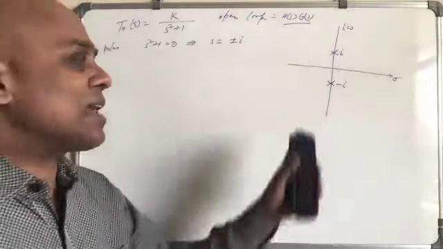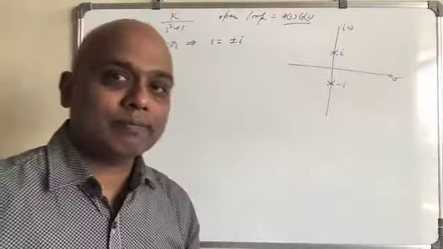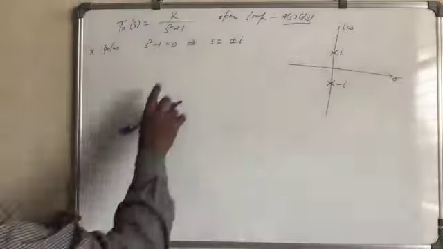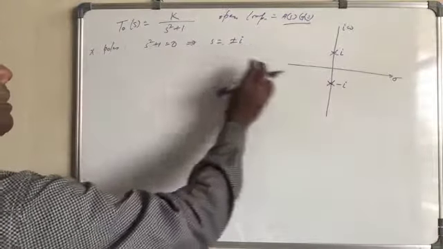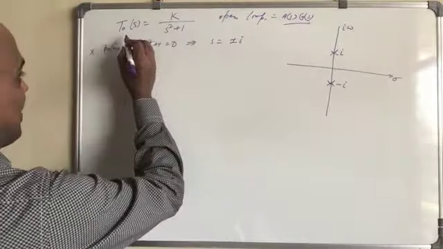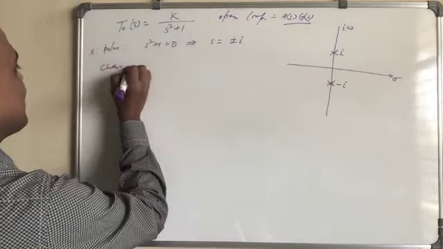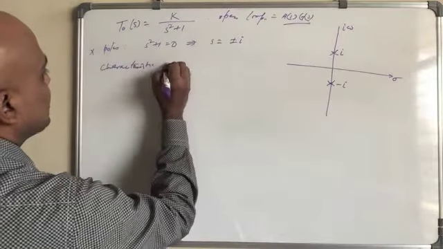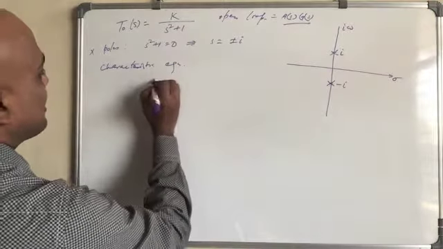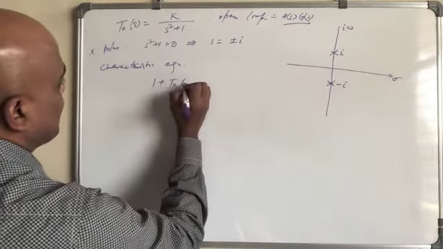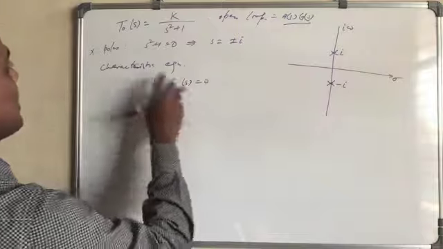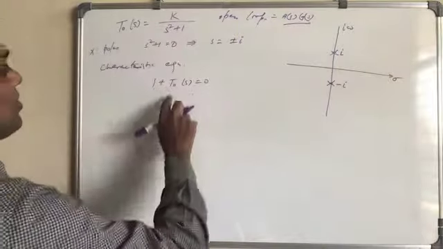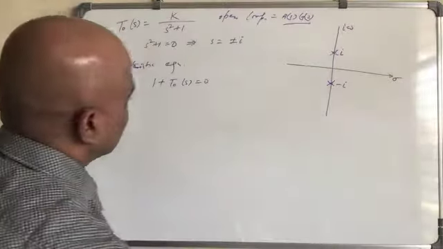Now, which direction should they proceed? We can find the characteristic equation, and what is that? 1 plus T naught S equal to 0, that is, 1 plus the open loop transfer function equal to 0.